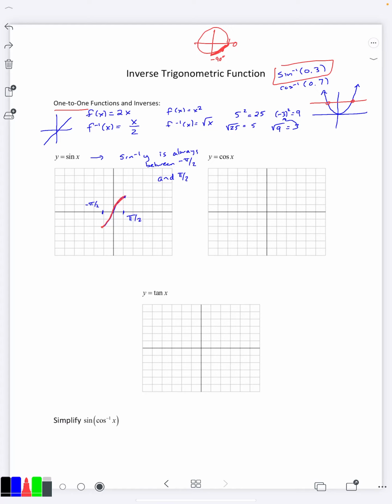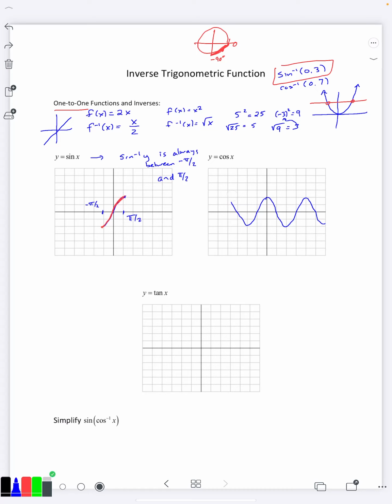If I continue on here to cosine, it's the same idea. I only want one part of the graph. However, it's going to be a little bit different which part I take. So if I draw the cosine graph here, it looks something like this. Once again, if you draw the horizontal line, it's going to have infinitely many crossings. It fails the horizontal line test.